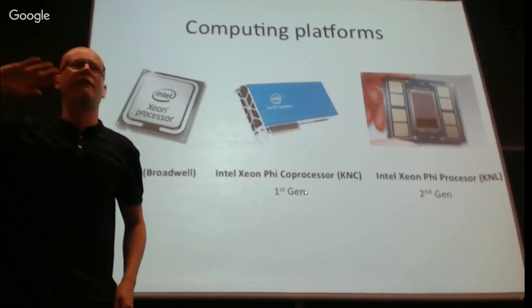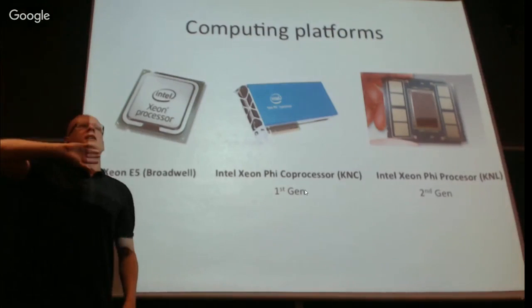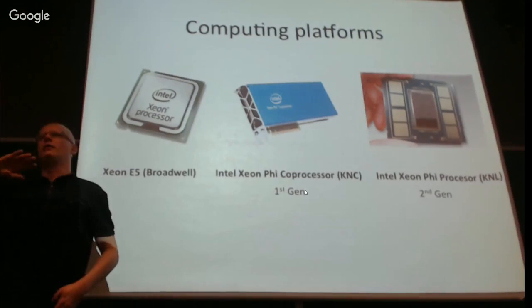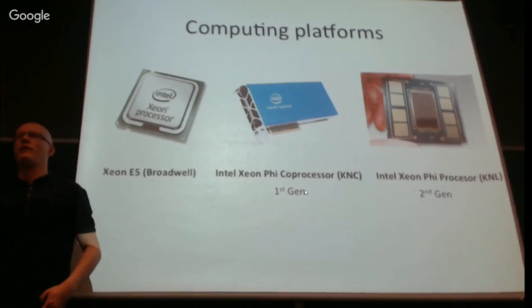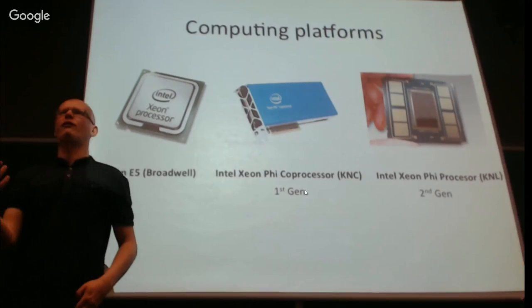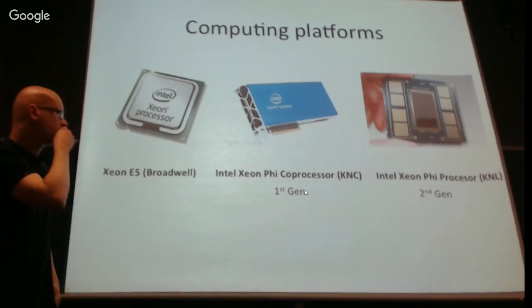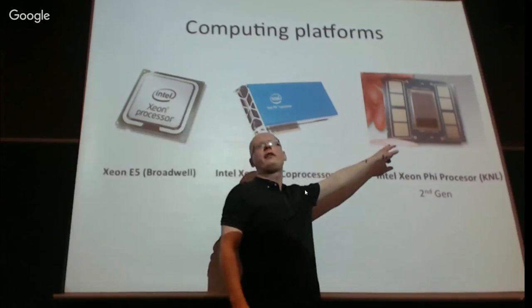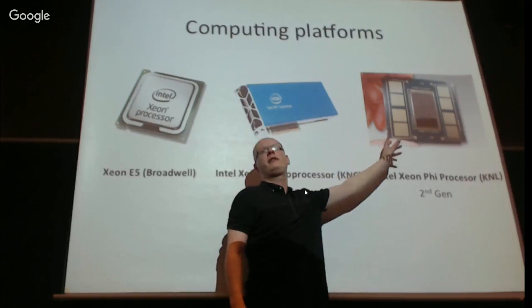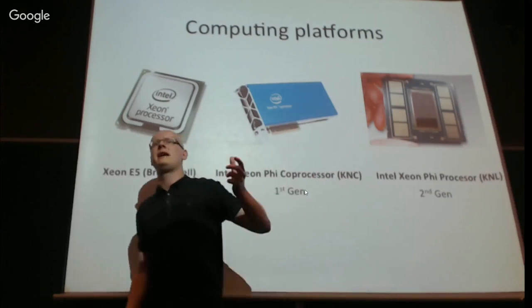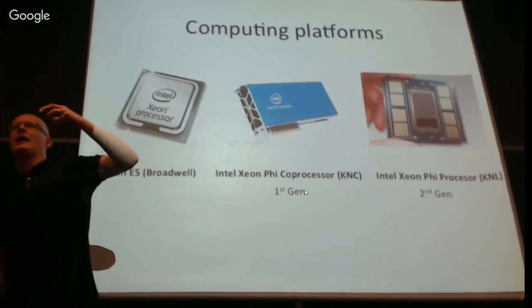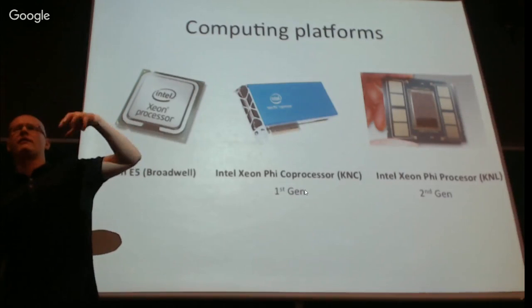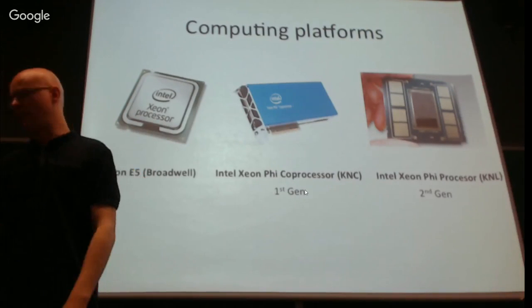Because it means you don't have to worry about all these horrible data transfers over the PCIe bus, which impact performance and software development as well. So this is on socket, and that's a socket the guy has in his hands there. It's quite amazing to think that you have an Intel Xeon Phi that can fit on a motherboard right now.